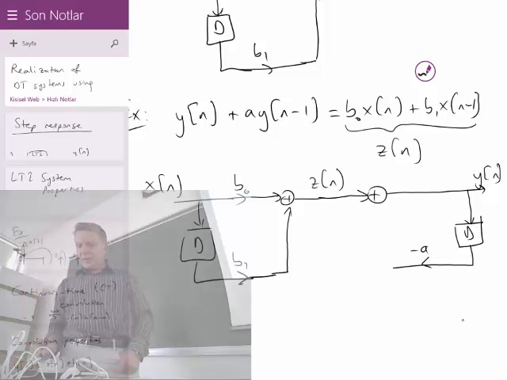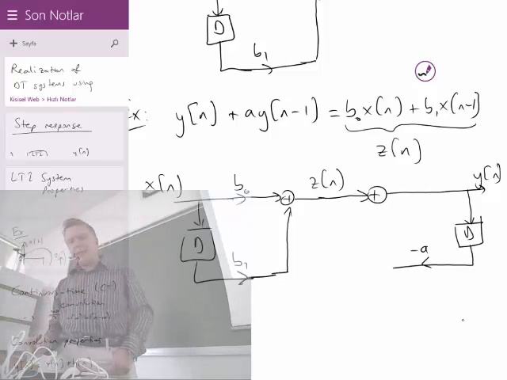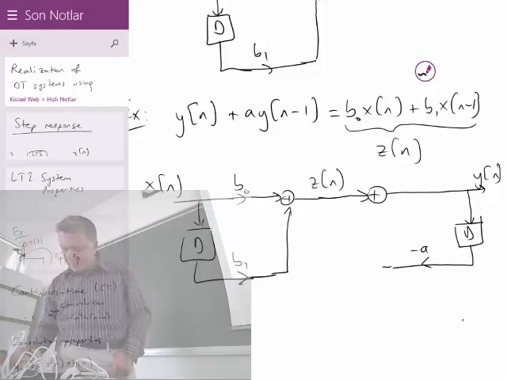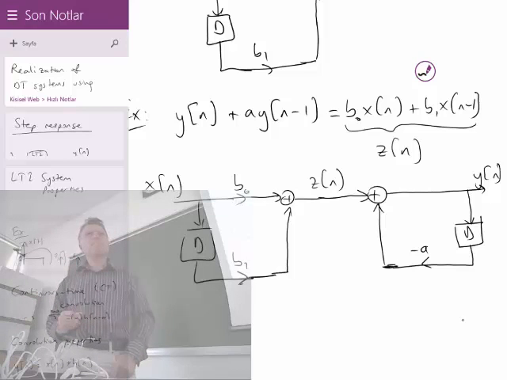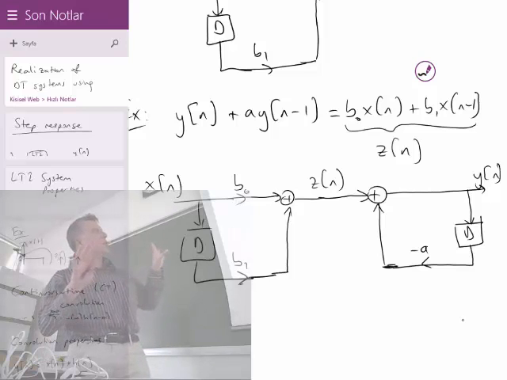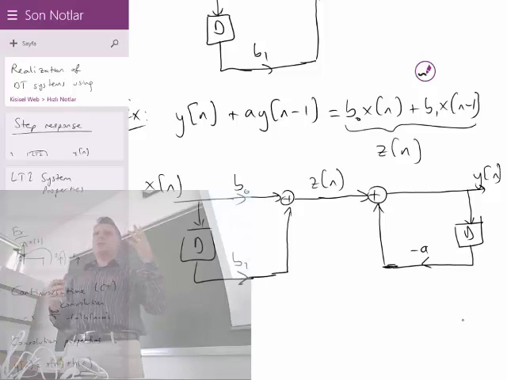Because this y n plus a y n minus 1, that a y n minus 1 will go to the right hand side with a negative sign, therefore it's a minus a here, and it will be combined with the input. So this overall shape is the block diagram for the first order input and first order output system.